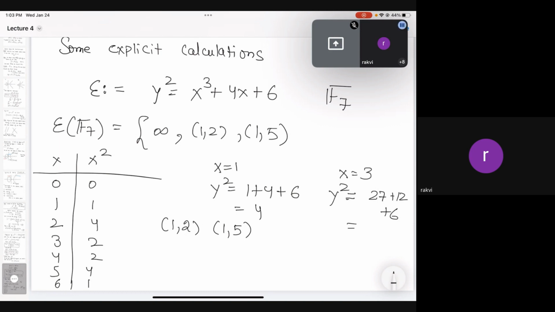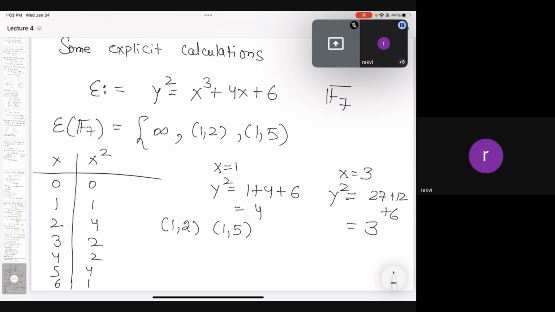So I get 33 plus 12, which is 45. And this is 3 in F7, right? But I never get 3 as a square. So there is no solution corresponding to x equal to 3, right?